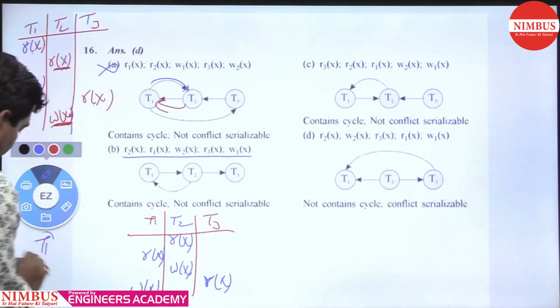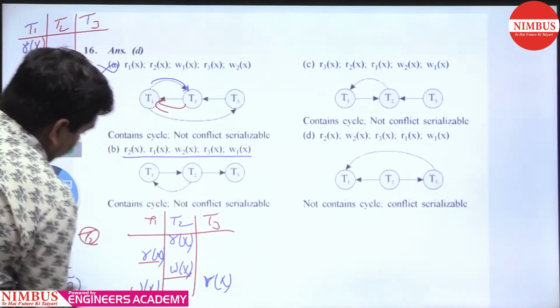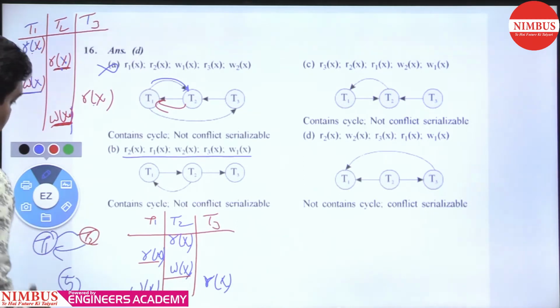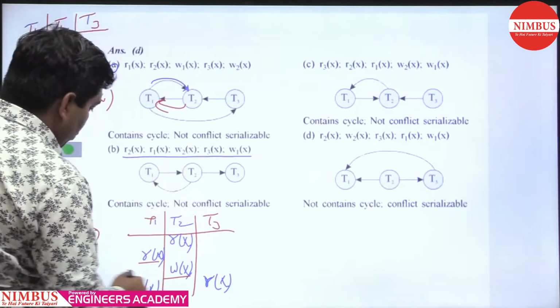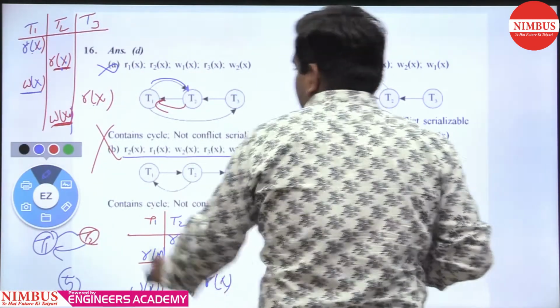Then we'll check T1 to T2 and T2 to T1. You can clearly see there is a cycle between T1 to T2 and T2 to T1, so it is also not conflict serializable.